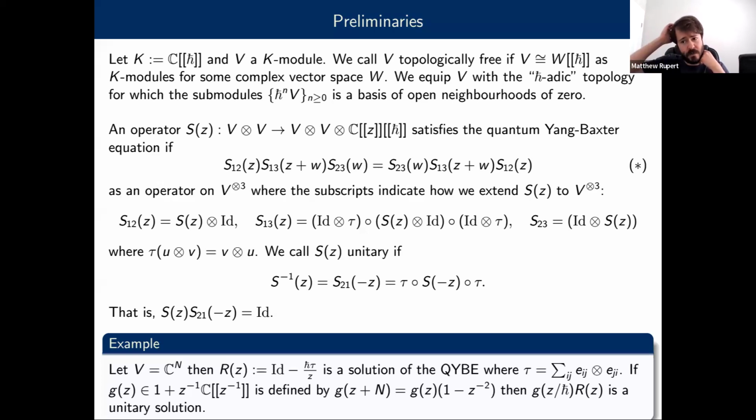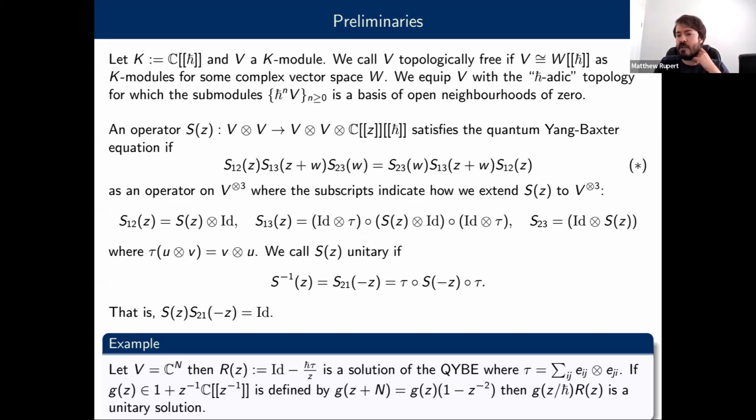Okay, and so this solution is one of the simplest non-trivial solutions of the quantum Yang-Baxter equation. It's called Yang's solution, and it's very important for vertex algebras, for Yangians. And this is not a unitary solution, but you can rescale it by just some power series to get a unitary solution.